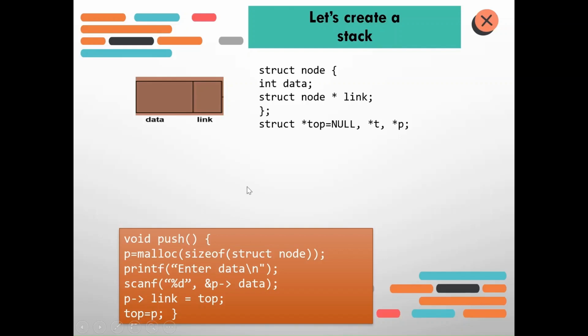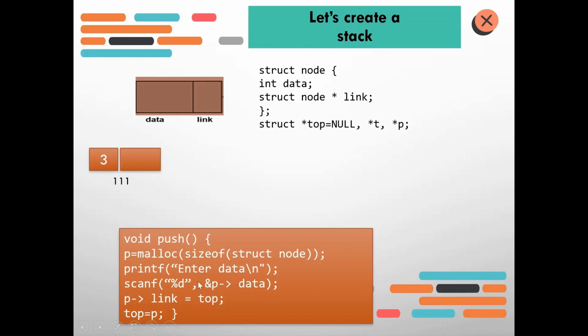Let us get some clarification from this diagram. So suppose this first node has been declared at the hypothetical address 111. So P would be equal to 111. Top would be equal to null. Right? So suppose after asking for the data from the user, he or she enters 3.